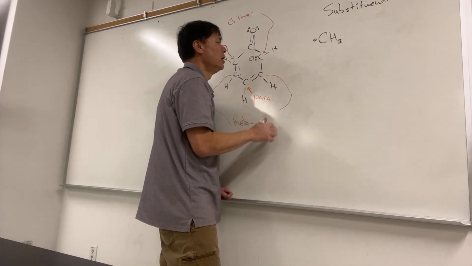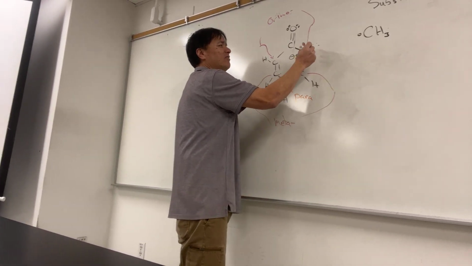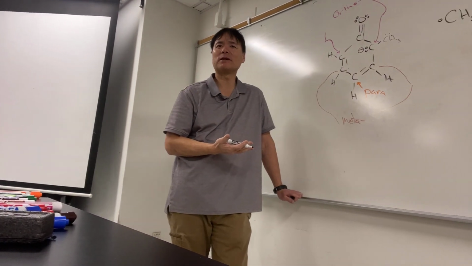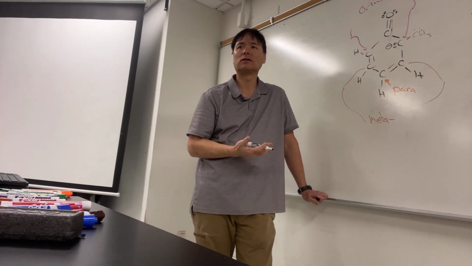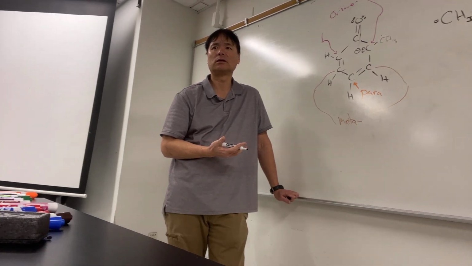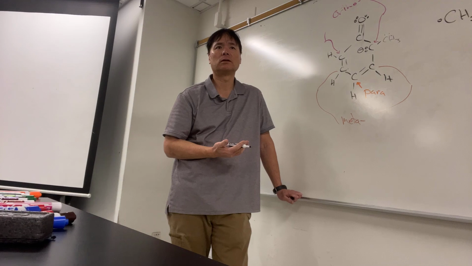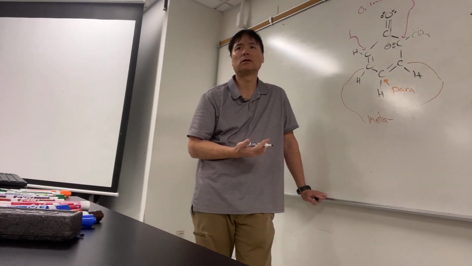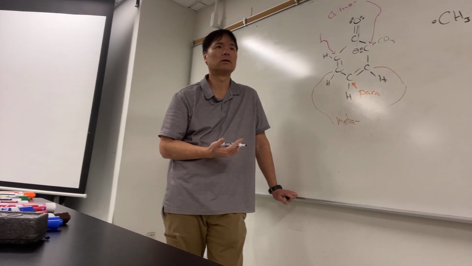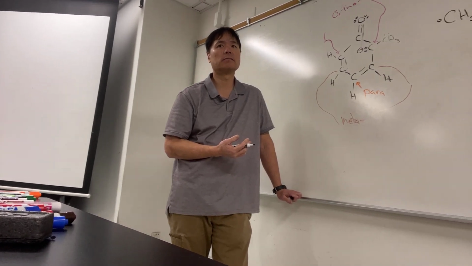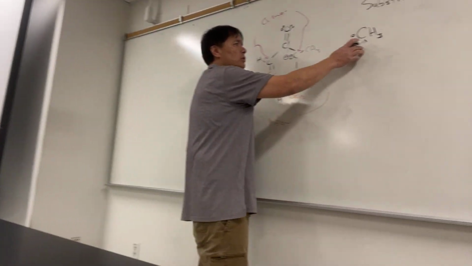So let's say I erase this and put a methyl group here. Does that make this more basic or less basic? More basic. So electron pusher groups will make this more basic.